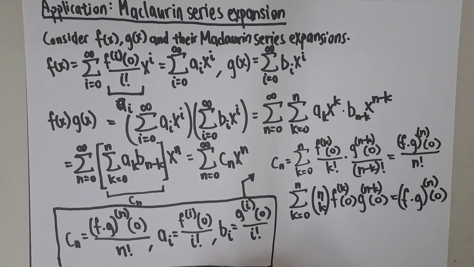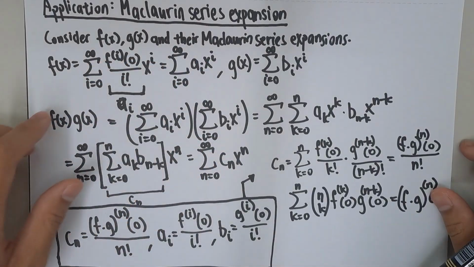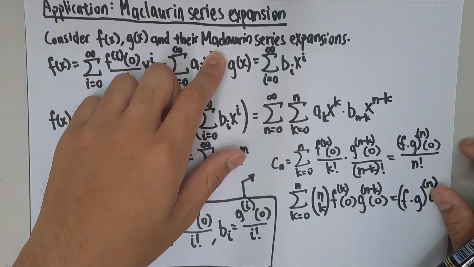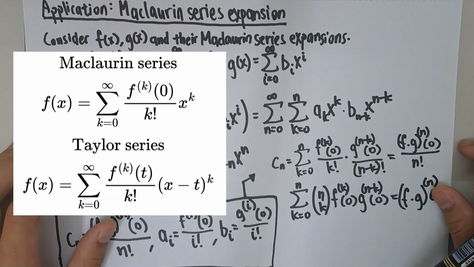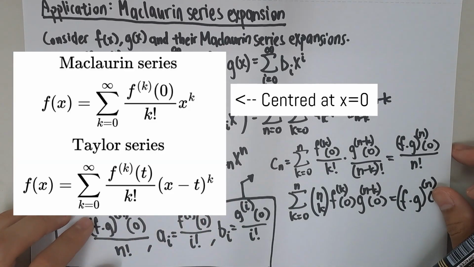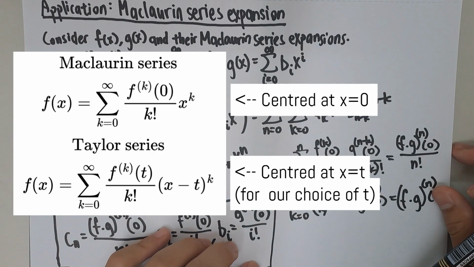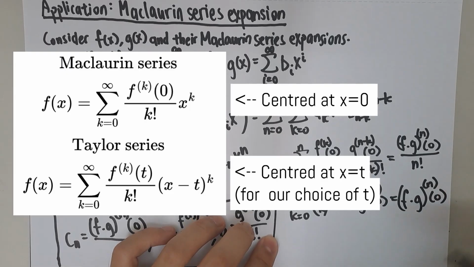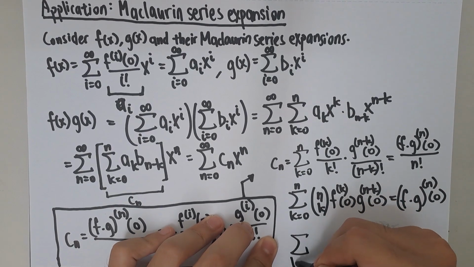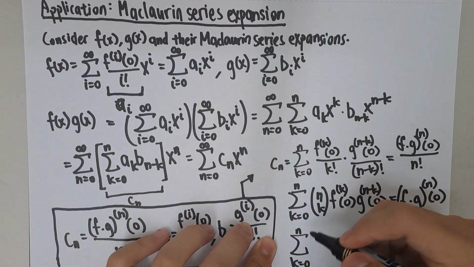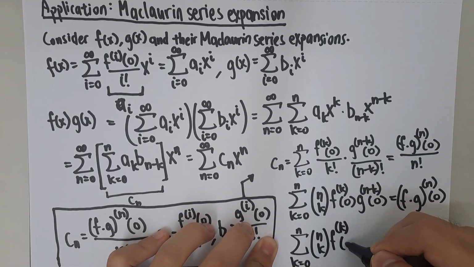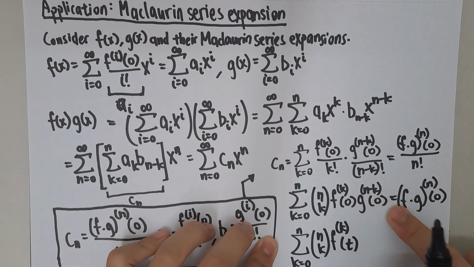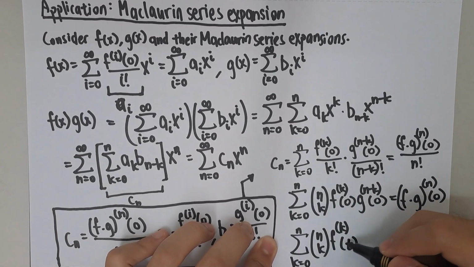A further fact is, if we thought instead about Taylor series expansion, a generalization of the Maclaurin series where we don't necessarily have to center the series expansion at 0, but you get to choose to center it at any real number, we actually get that, if we follow all the same steps, 0 is not a special number here. We can have any t.